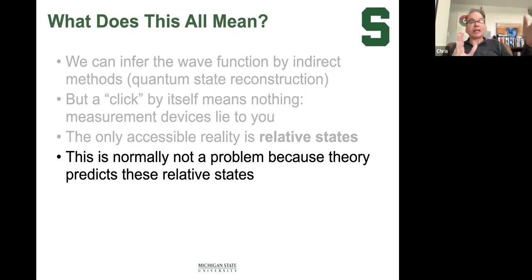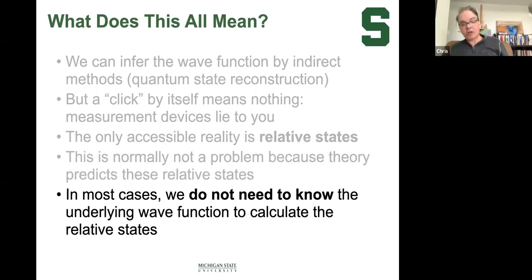Let's say at one point and then another point and another point. Preparation, state evolution, and so on. In other words, the theory in any case really works by making predictions about relative states of measurement devices. So the fact that you don't know what the underlying quantum state is irrelevant. You just have to forget about this idea that your measurement devices are a direct reflection of the quantum state. It cannot be.